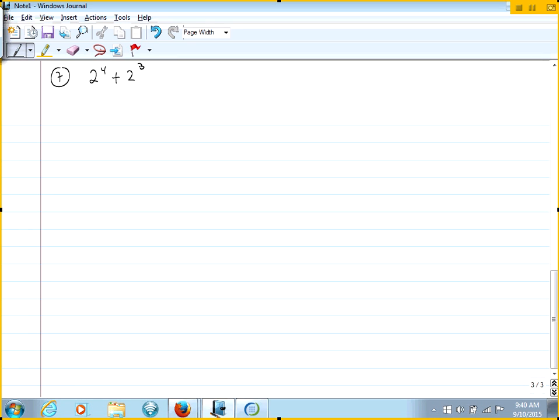2 to the 4 plus 2 cubed minus 10 divided by negative 1 cubed. Number 8. 8 times negative 7 plus absolute value of 3 times negative 5.